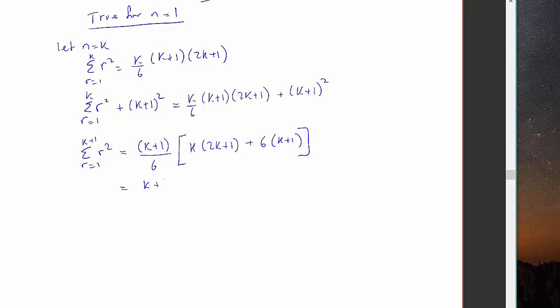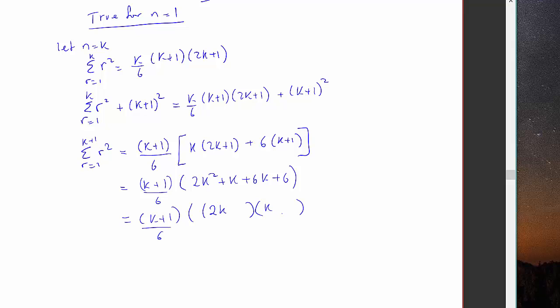So I've got k plus 1 over 6, and then expanding out in this bracket gives me 2k squared plus k plus 6k plus 6. So that's k plus 1 over 6, and then we've got to factorize here. So I've got 2k and k, so this would be 7k in the middle, wouldn't it?